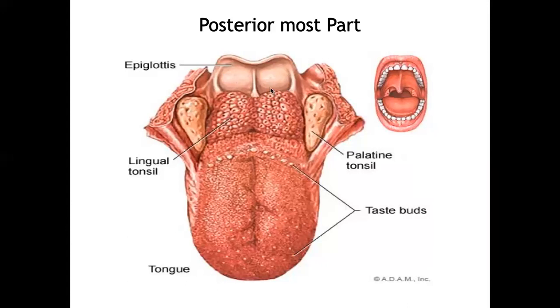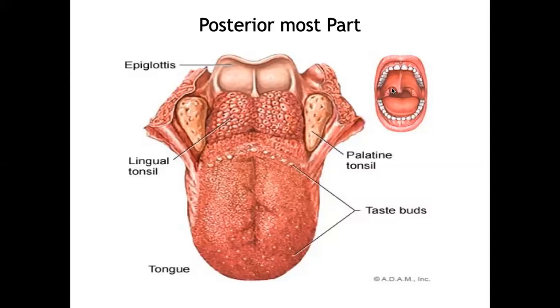Vallecula. So what did we study? We studied about median and lateral glossoepiglottic folds, and the space present is called as vallecula. We also studied two folds on both sides of the tonsil, that is palatoglossal arch and palatopharyngeal arch, or the folds which contain the same named muscles.